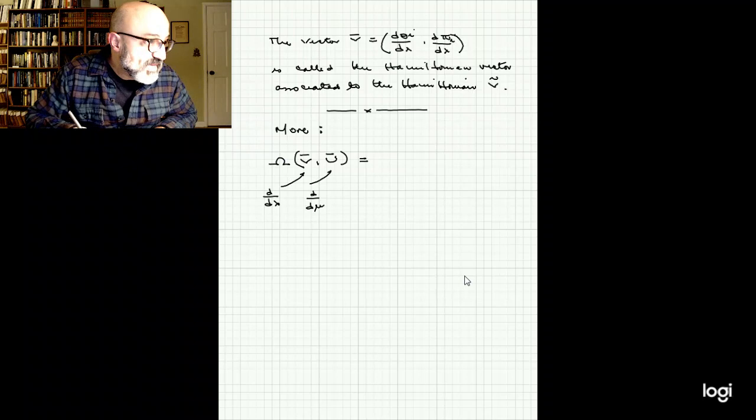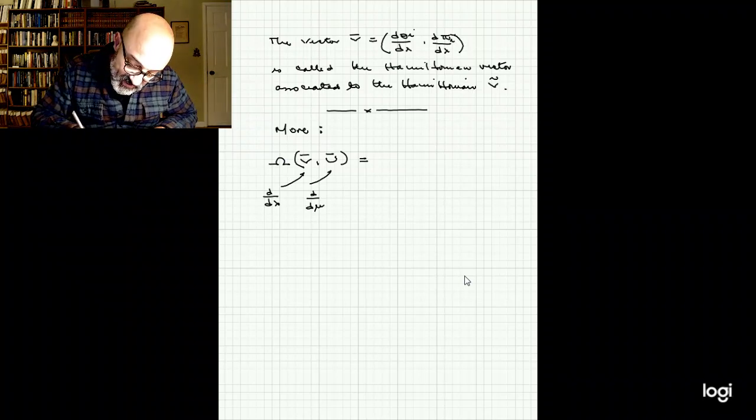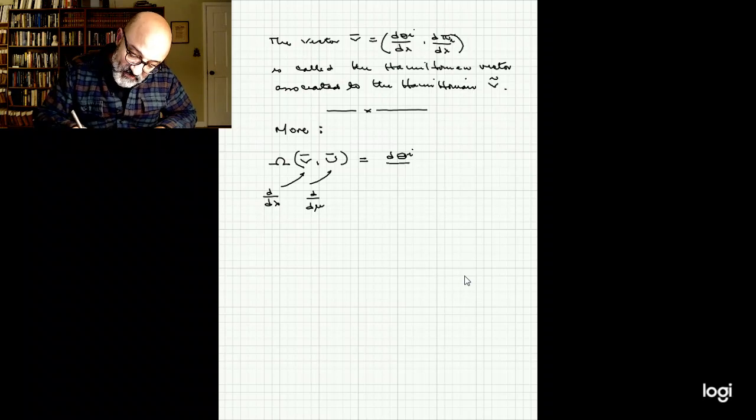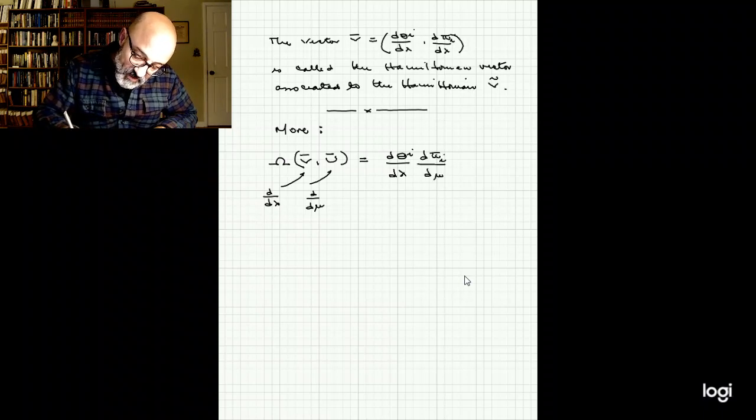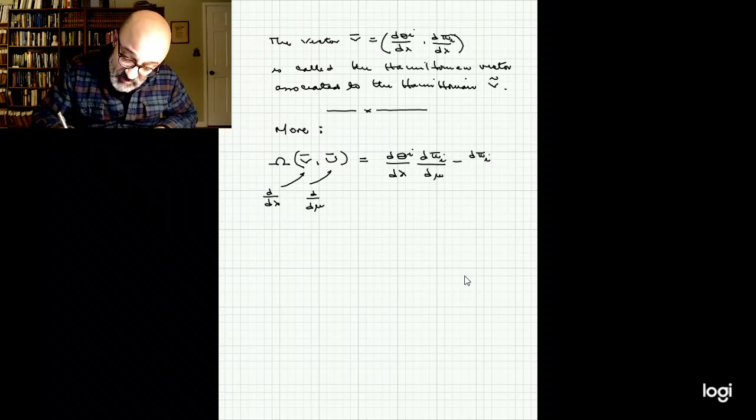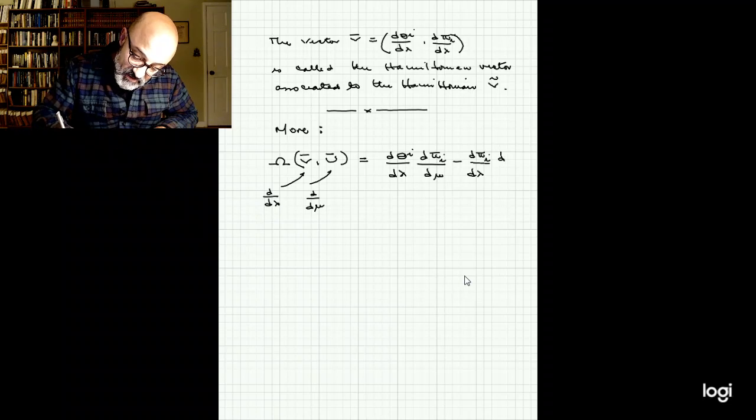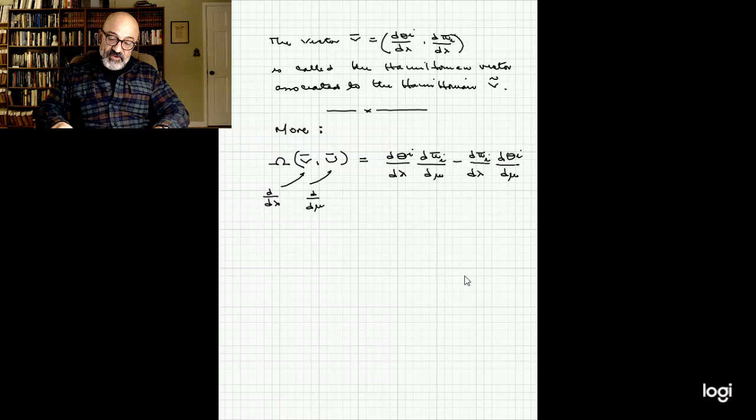Suppose I were to do that, then what we would have here is the components of v, then the components of u, minus the other way around, the theta d mu. Very nice.